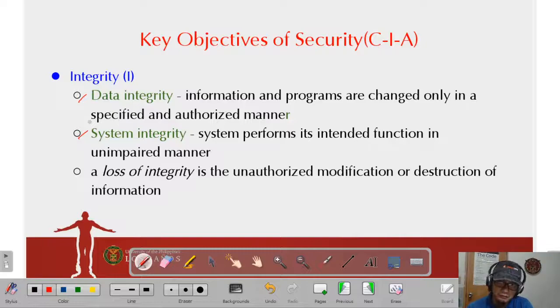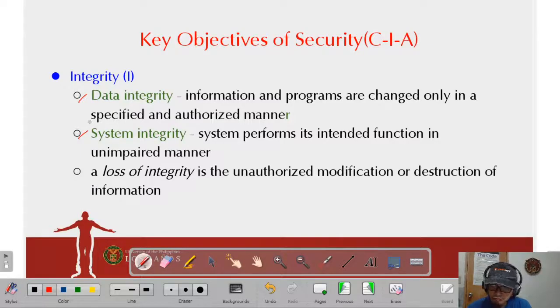Now, if that function is modified in some form or another, then that is a violation of, or a loss of, system integrity. An example would be changes in the settings.